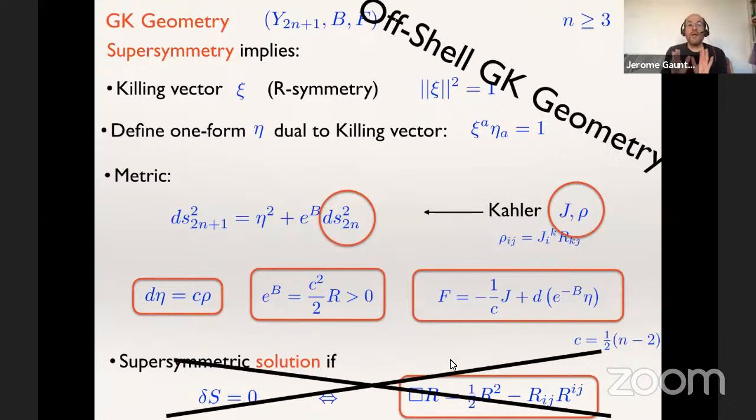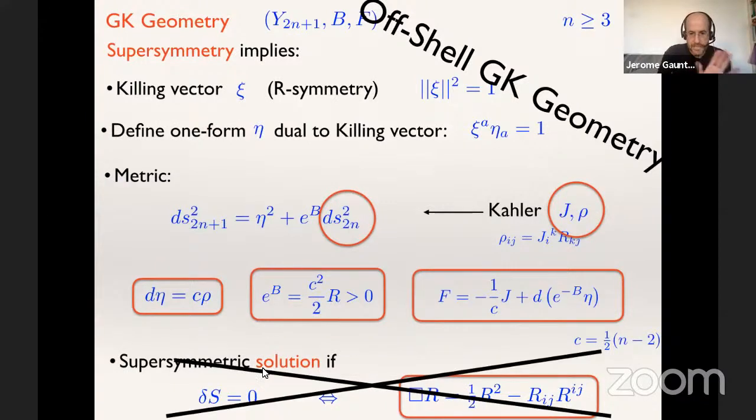Okay, so to do an extremization principle, we have to go off shell. And as I said before, no one tells you how to go off shell. You have to just find something that works or is interesting. And what we have done is we keep all the conditions of supersymmetry, and relax this final box R condition. In fact, as you'll see, we keep an integral of it.